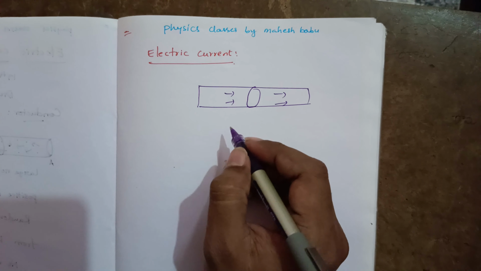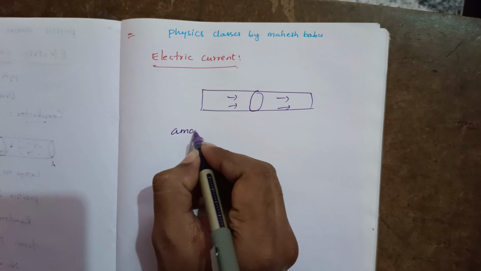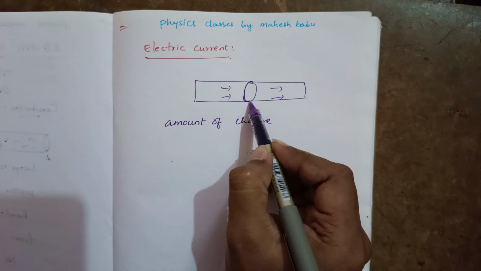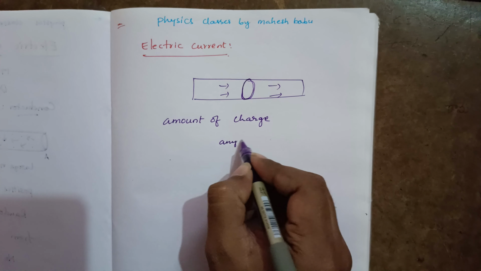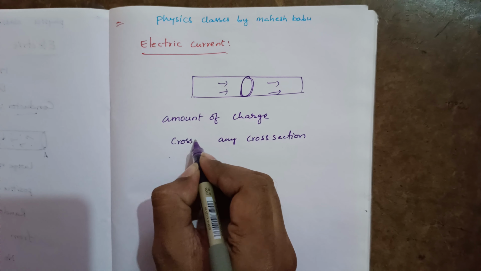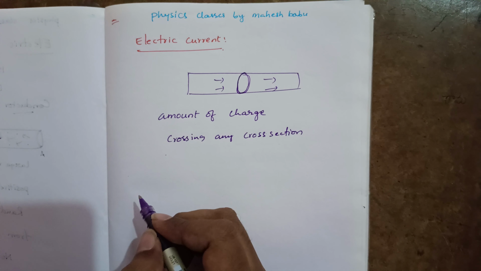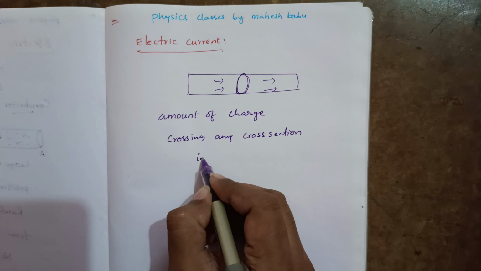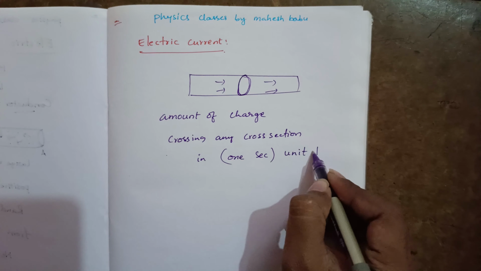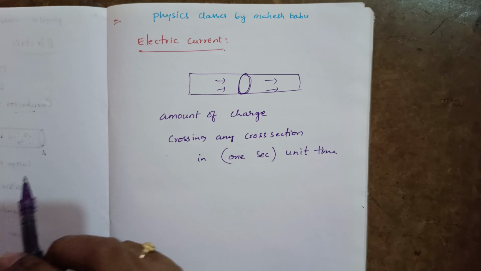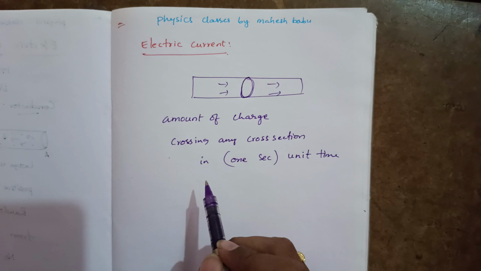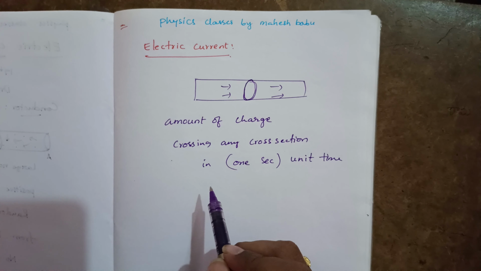The amount of charge crossing any cross section in 1 second, or unit time, is known as electric current.